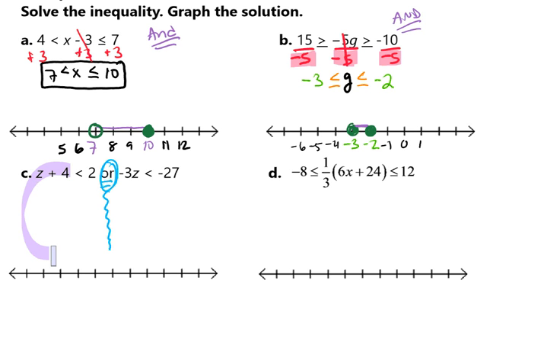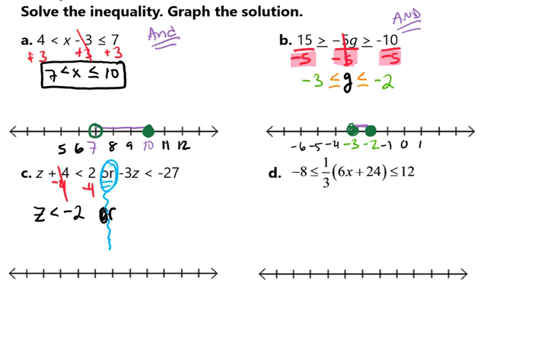So we'll do the problem on the left first. We're trying to get the z by itself, so we need to get rid of that plus 4. What's the inverse of plus 4? Yep, it's minus 4. So we'll subtract 4 from both sides, and that's going to give us z is less than negative 2. Then we're going to write the word or between them.